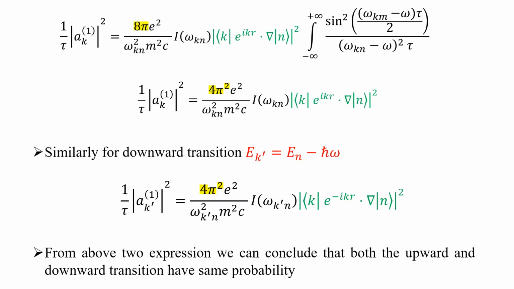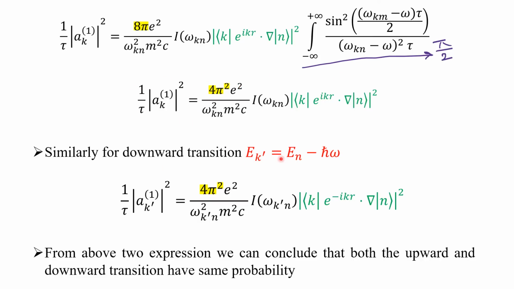Now if you carry out the integration, this is a standard integral, and you will get pi by 2. So if you replace the entire integral by pi by 2, this 8 pi will become pi squared, and here there is 2, so this 8 will become 4. So finally you will reach this expression.